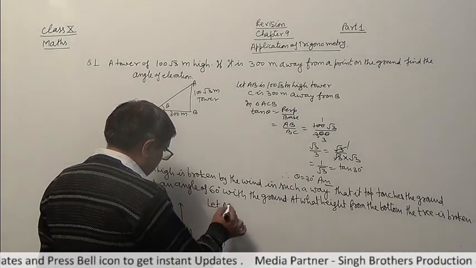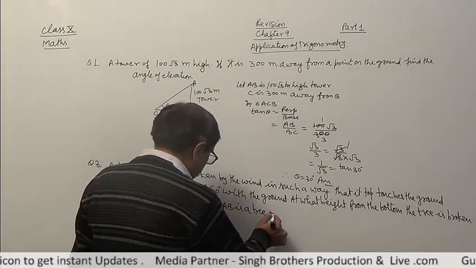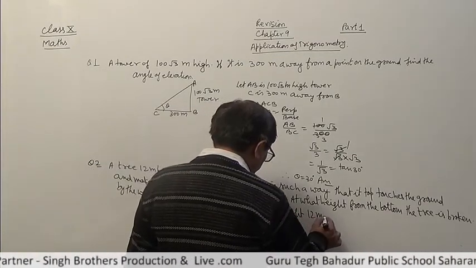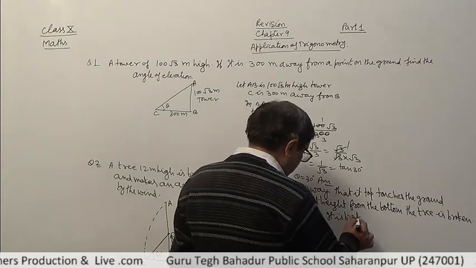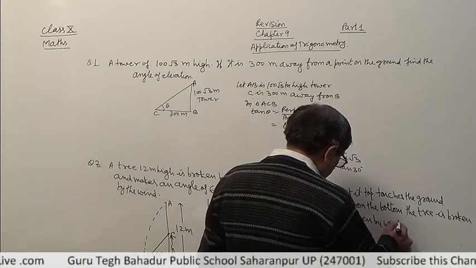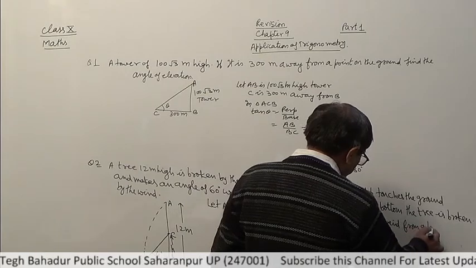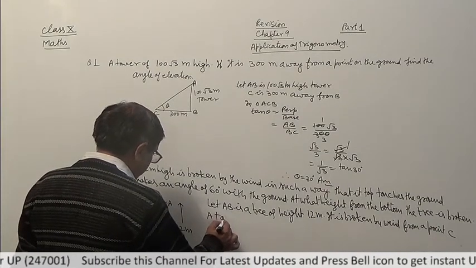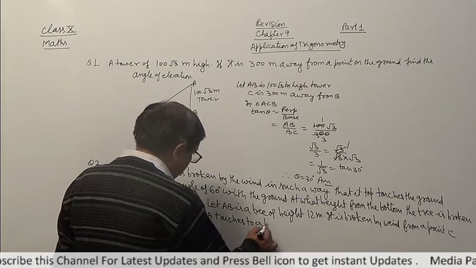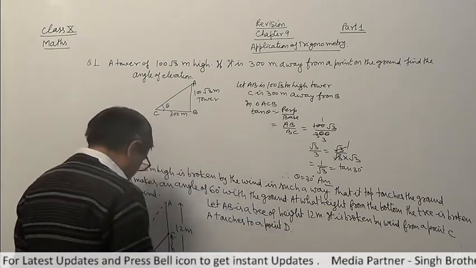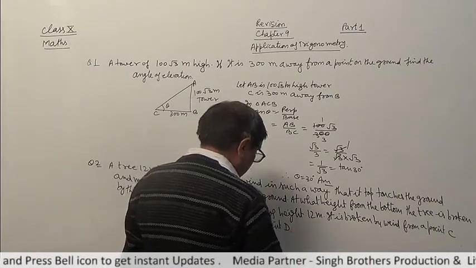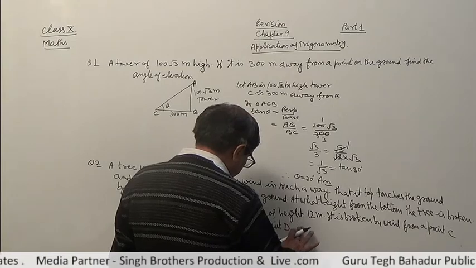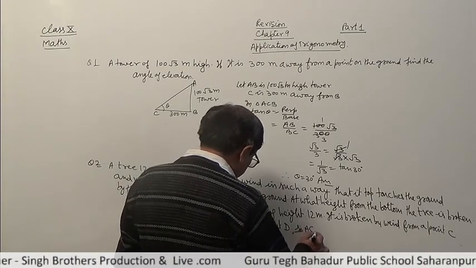Let AB is a tree of height 12 meter. It is broken by wind from a point C, A touches to a point D. So AC is equal to CD.